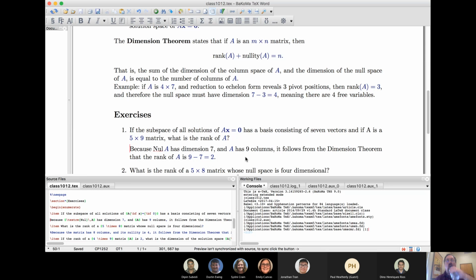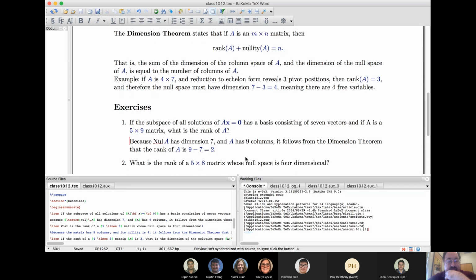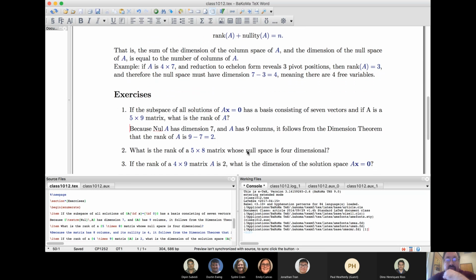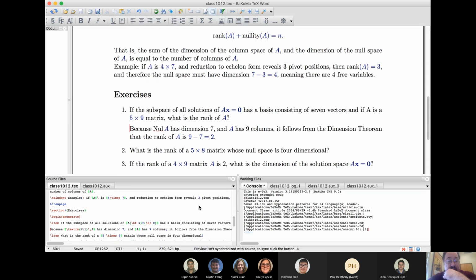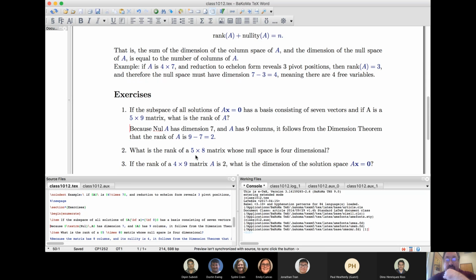Okay. Questions about that one? What about the next one? Here we have, again, we want the rank. And here's the information about the matrix.